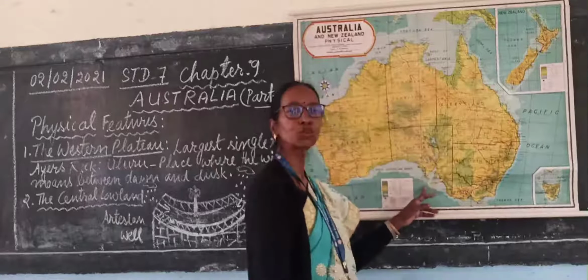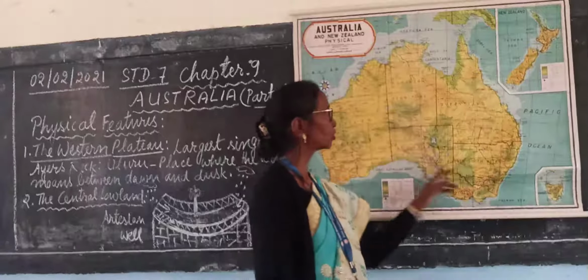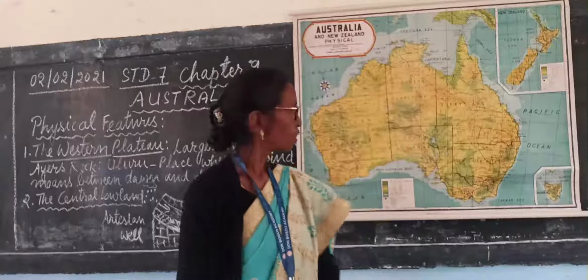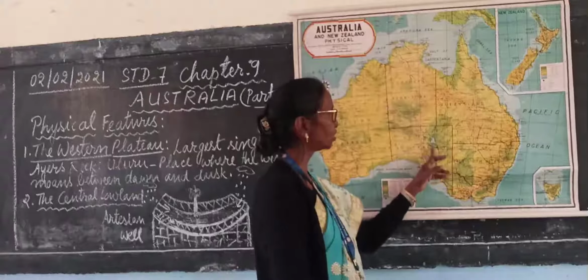They do not reach an outlet to the sea. So that forms a large inland drainage system. And this lies mainly in South Australia.